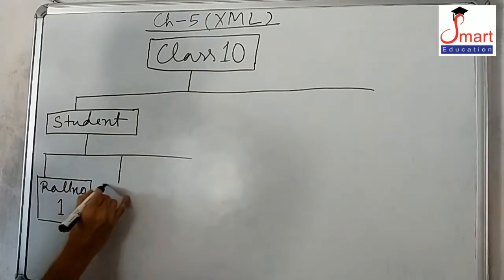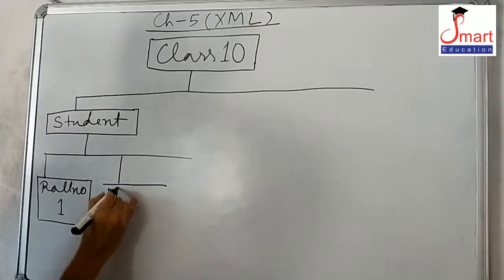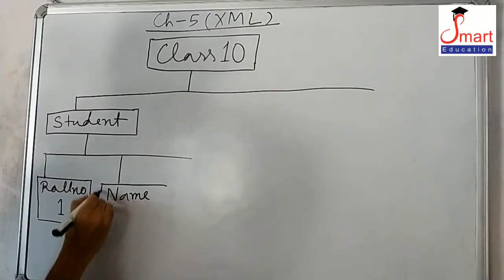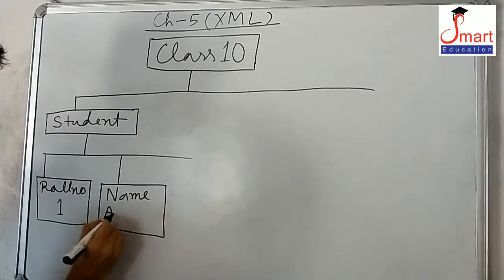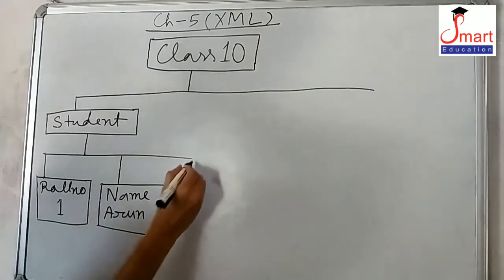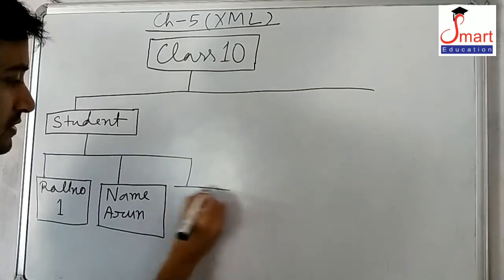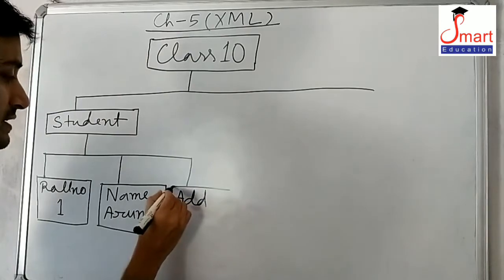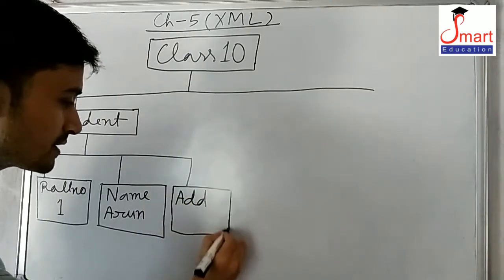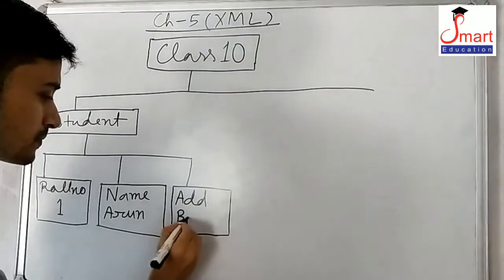Then name, first I will write here Arun. Then I am going to give address, the third element, the third tag. For address I am going to write ADD in small, and the address I am going to give is Barpeta.